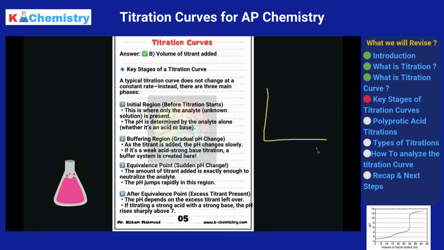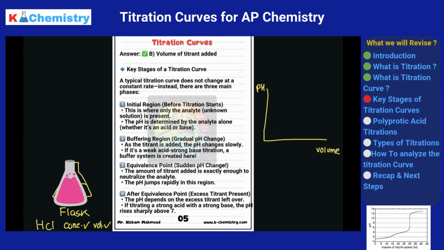I first start adding one solution, and this is its volume, and then I will know the pH of the total solution. This is a flask. Let's say I put some HCl, and I know its concentration and I know its volume. I have added a certain amount of volume and I know its concentration.